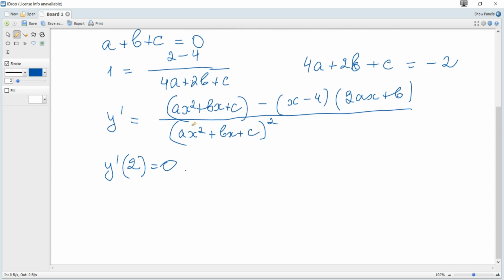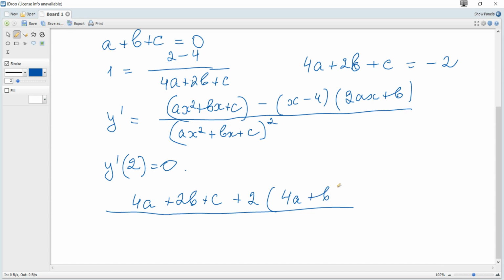So substituting 2 for x, we get the next, that 4a plus 2b plus c minus 2 minus 4, it's negative 2, so plus 2 times 4a plus b, divided by 4a plus 2b plus c squared, and it should be equal to 0.